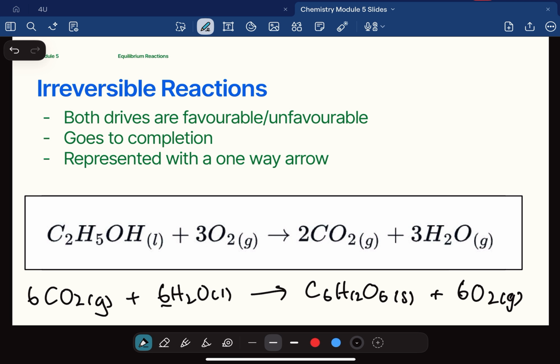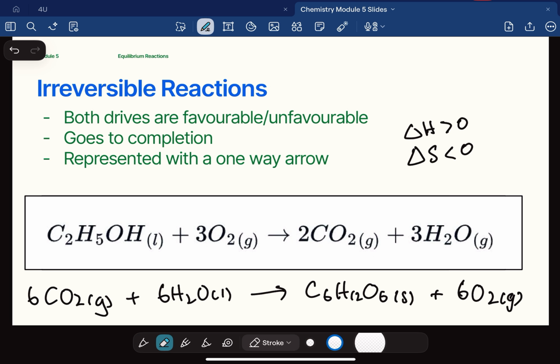The coefficient is less, and plus it's in a lower state of entropy. It requires the input of sunlight, so light energy. That's why it's endothermic, because you need the sunlight to make the reaction happen, and therefore delta H for this is really positive and delta S is really negative. So it's completely unfavorable, and it's not spontaneous at any temperature.